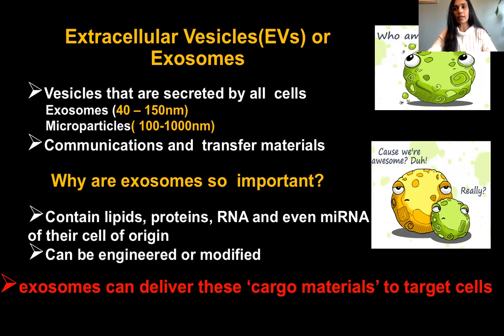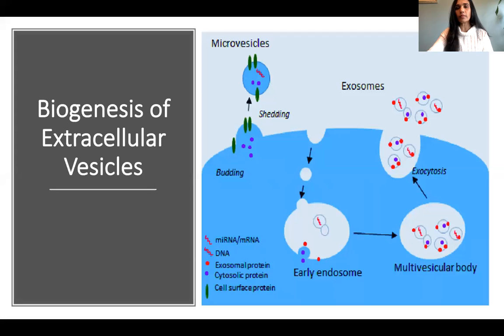And these particles can be engineered, so they can act as cargo delivery agents. They can deliver whatever materials we want them to carry into the cells. That makes them very important.